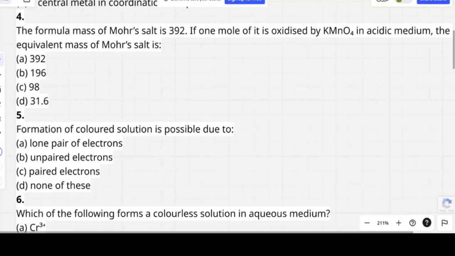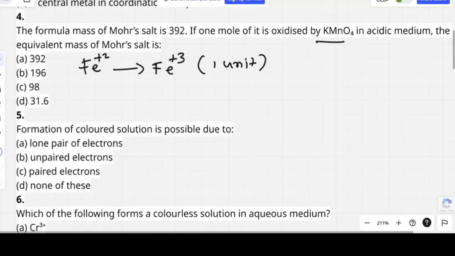The formula of Mohr salt is ferrous ammonium sulfate. In Mohr salt, iron is present in FeSO4, which means iron is in +2 oxidation state. So KMnO4 oxidizes Fe+2 to Fe+3. So the oxidation number increases by 1 unit.